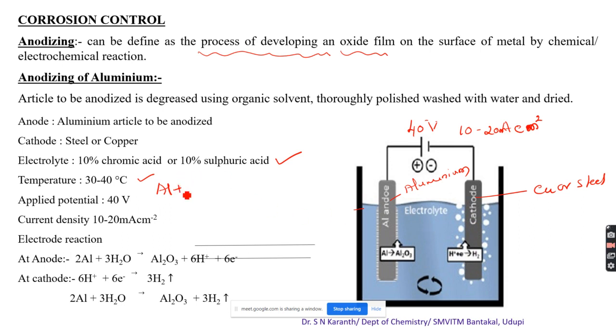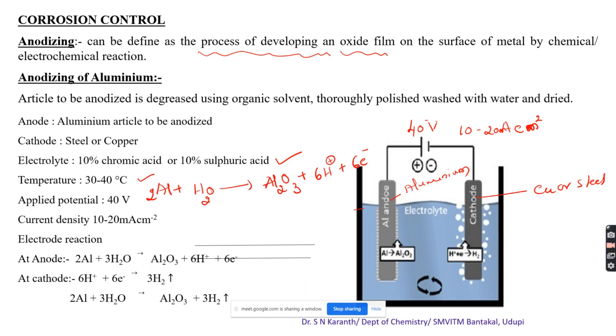So aluminium interacts with the water components and gets oxidized to aluminium oxide, Al2O3, along with the liberation of 6 moles of electrons. This is a possible reaction when you use aluminium as an anode.